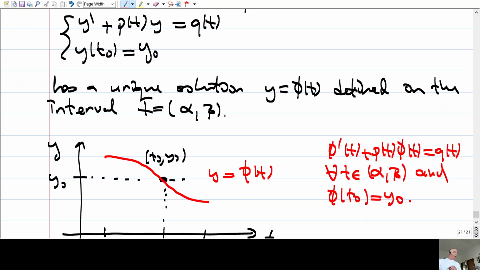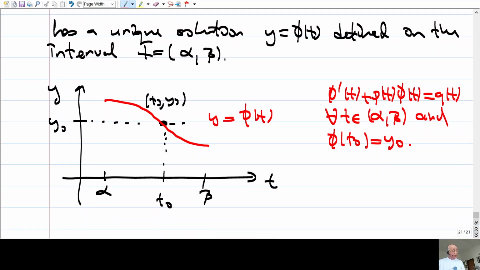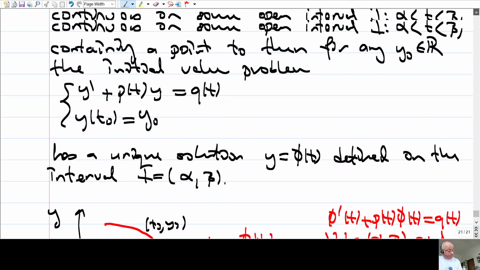Okay, so the theorem tells us that there is a function phi t which satisfies the equation and the initial condition, and this function is unique. There is exactly one such function. That's why this theorem is called the existence uniqueness theorem.